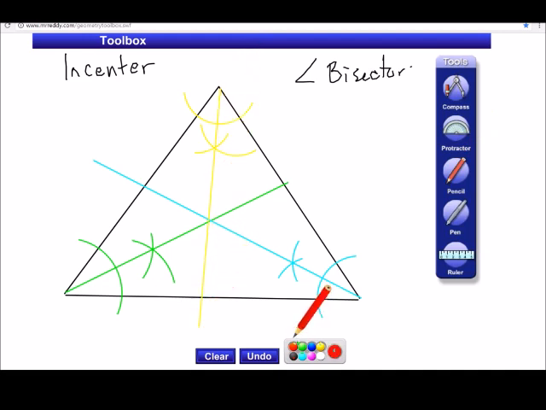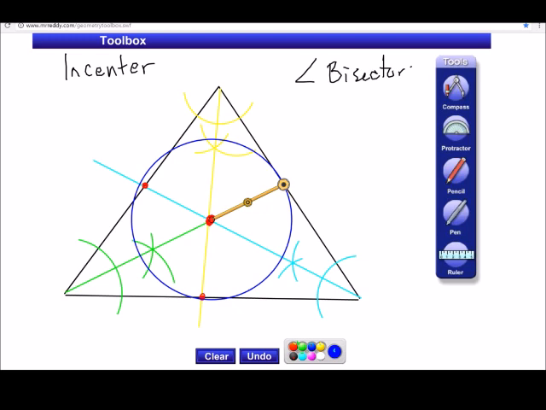Where our 3 angle bisectors intersect is our in-center. We have the 3 points that intersect our triangle, and we are going to use that to make our compass setting for the radius of our circle.